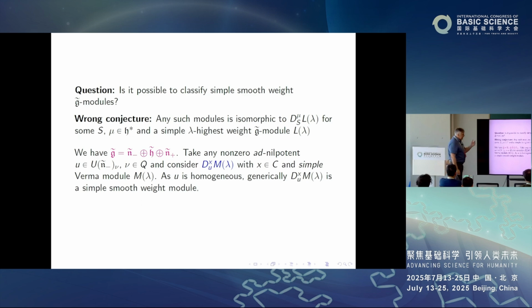So let's take the standard triangle decomposition of our G tilde. And let's take any element in the enveloping algebra of the negative part which is homogeneous and odd nilpotent, right?